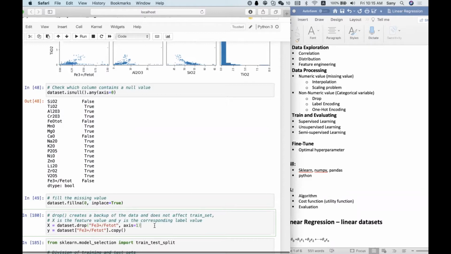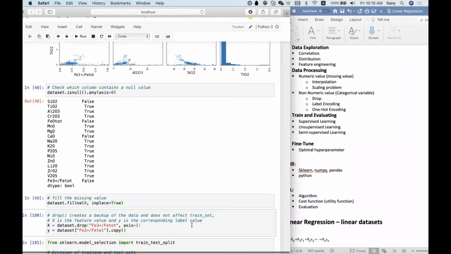The job that is quite common for supervised learning algorithms is to build the relationship between the feature value and the corresponding label value.